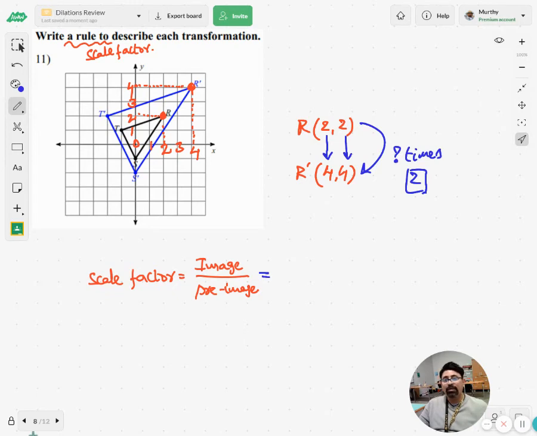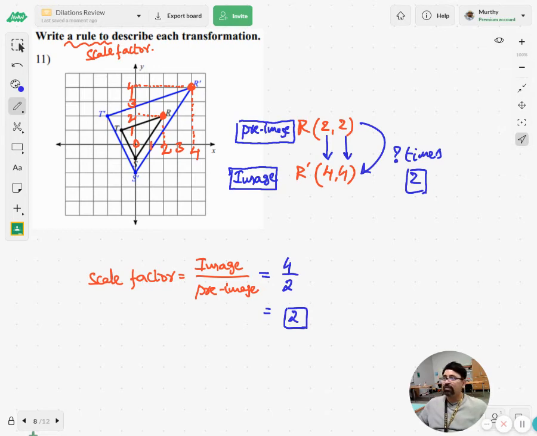Friends, remember the first one R represents the pre-image, and R prime is one of the vertices of the image. So image value is 4 here and pre-image value is 2, 4 over 2. That gives me 2. This is the scale factor.